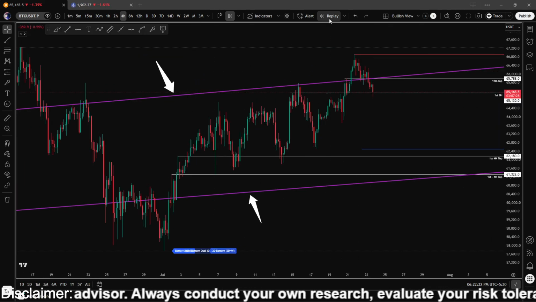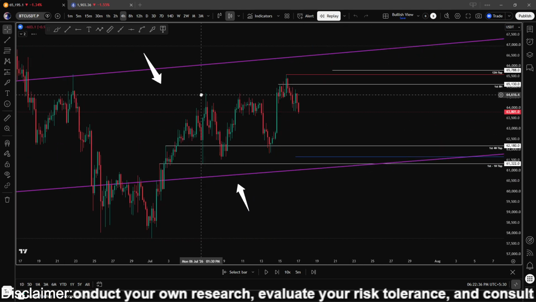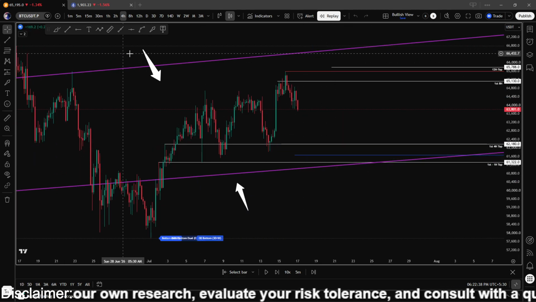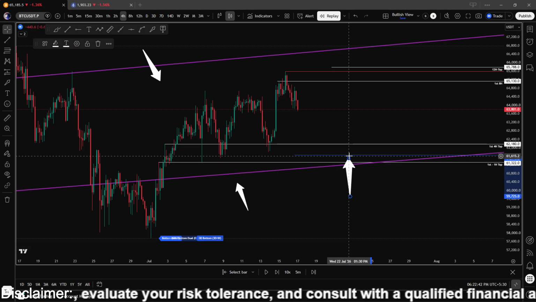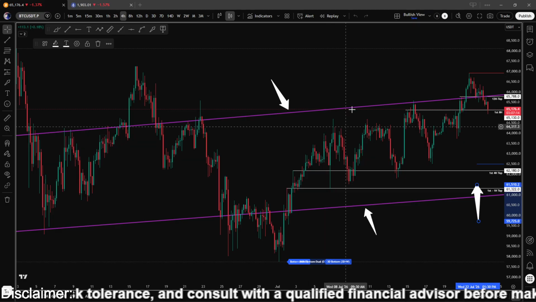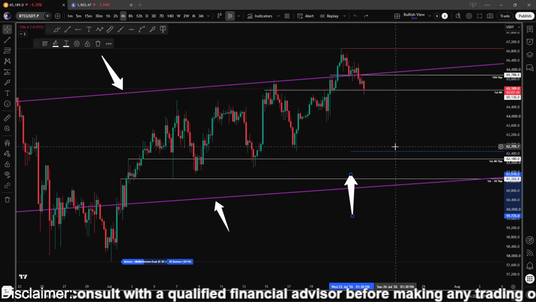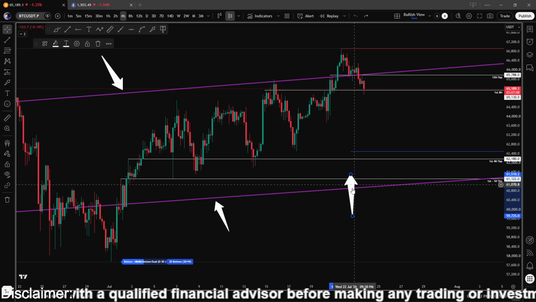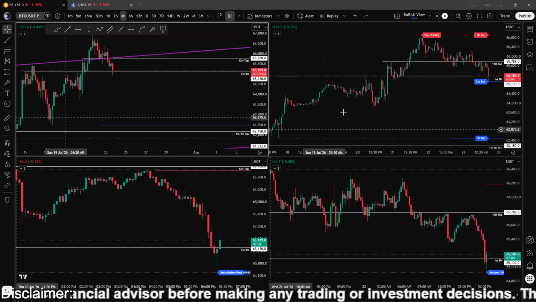If I go and replay this here, this bottom used to be somewhere else. Here we used to have this bottom. After the price had some sort of movement and activity, the bottom shifted from here to here. So this bottom keeps on updating after a while.